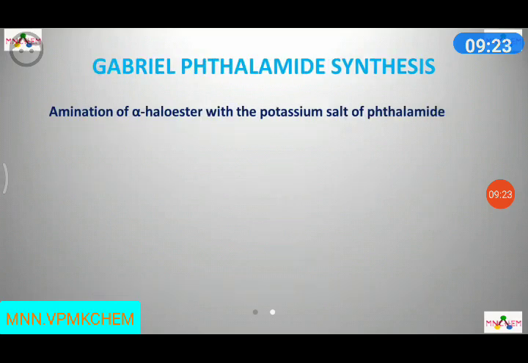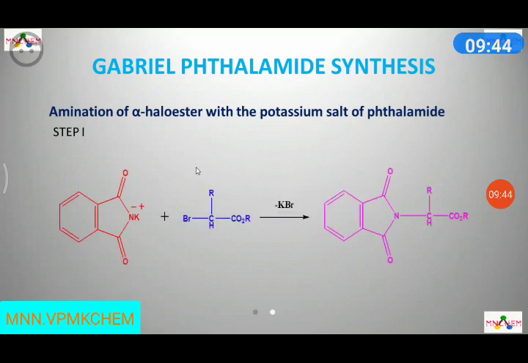The next method of synthesis of amino acids is known as Gabriel's phthalimide synthesis. In this method, the amination of an alpha haloester is carried out with the potassium salt of phthalimide. The reaction is carried out in two steps. In step 1, the potassium salt of phthalimide reacts with the alpha haloester, and with the loss of potassium bromide, it gives an adduct.